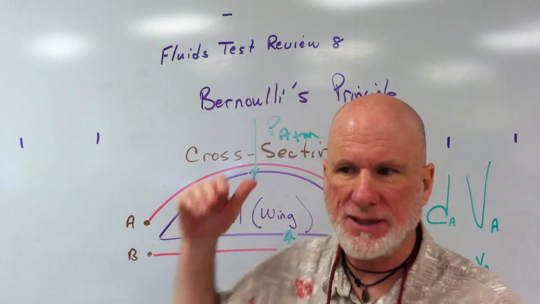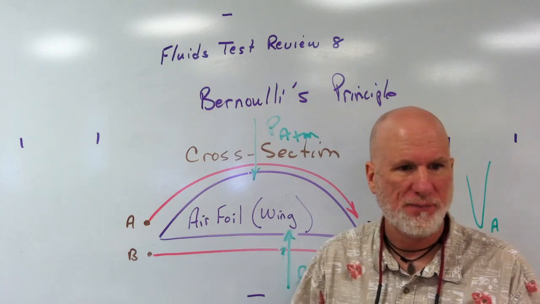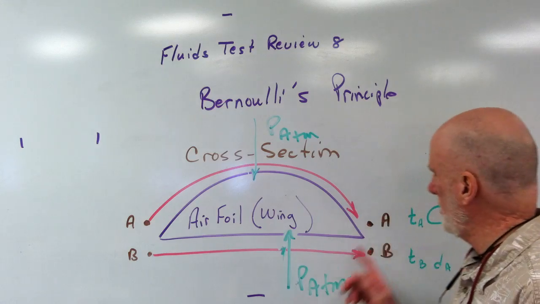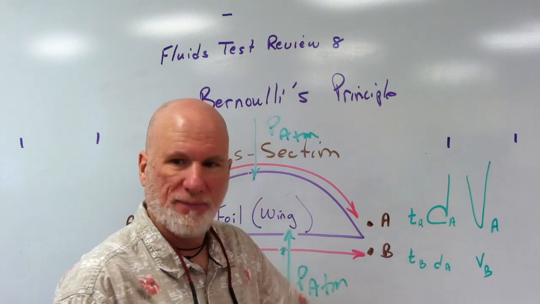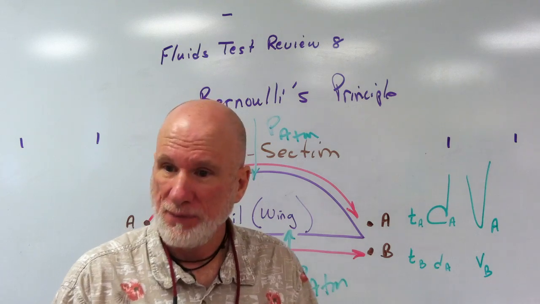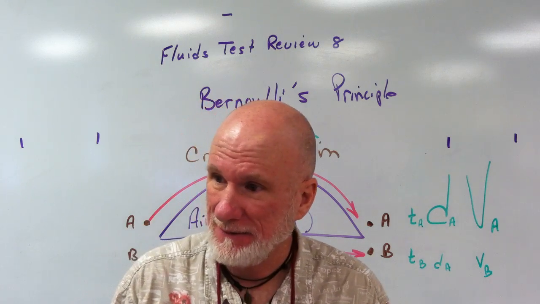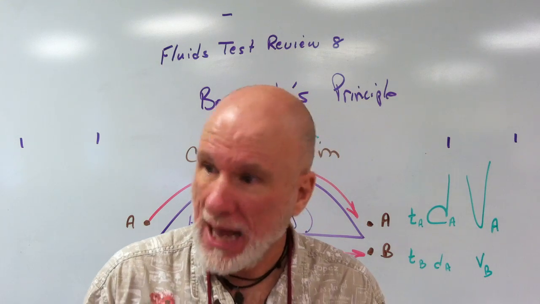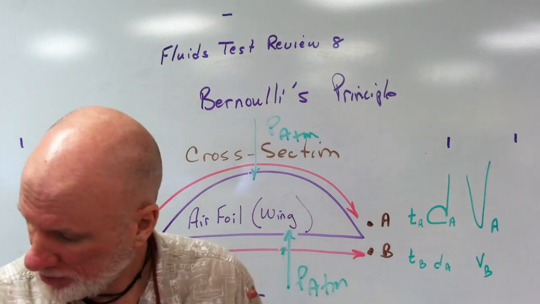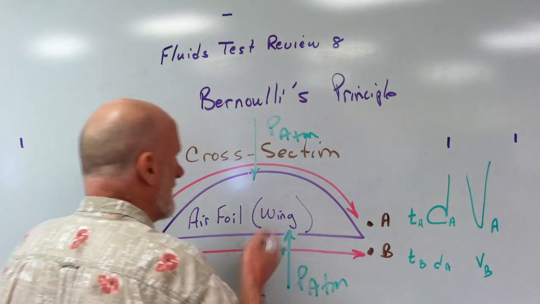Where is the velocity greater, up top or on the bottom? Up top, right? So where would the pressure be less? Top, right? So the pressure is less here.